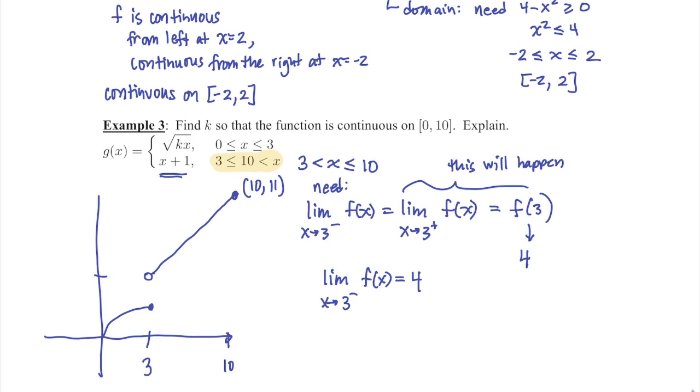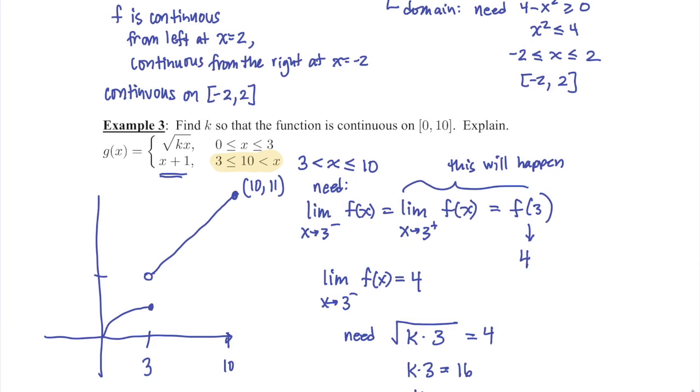Right? So what we need is the square root of k times 3 to be 4. Because the square root of k times 3 is that limit from the left as x approaches 3, right? So we need to solve this for k. If I square both sides, I'll have k times 3 equals 16.